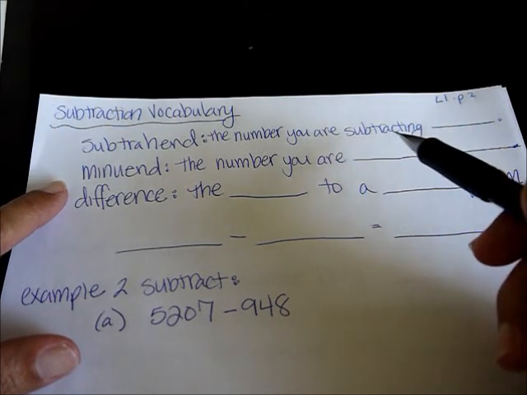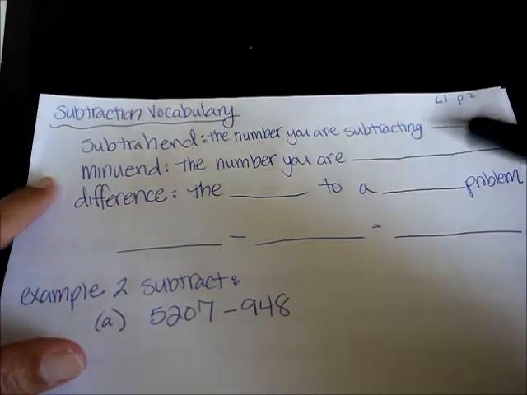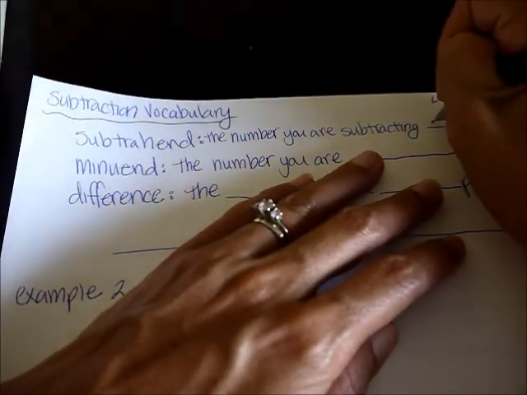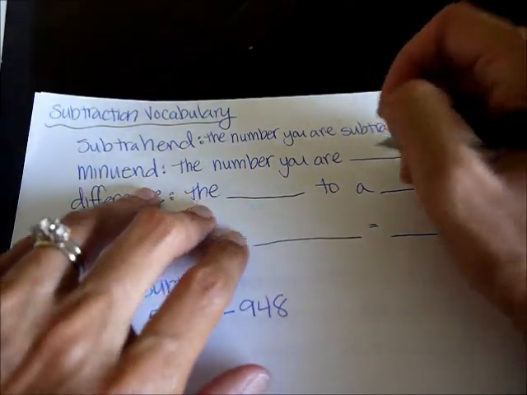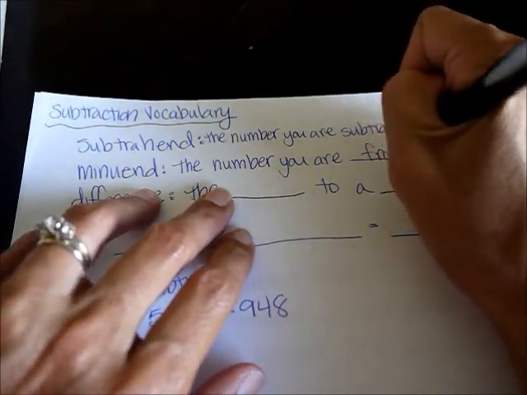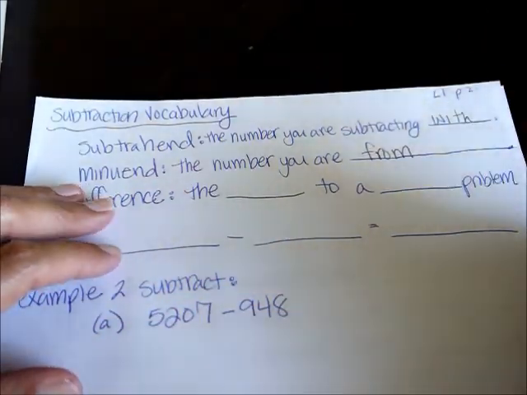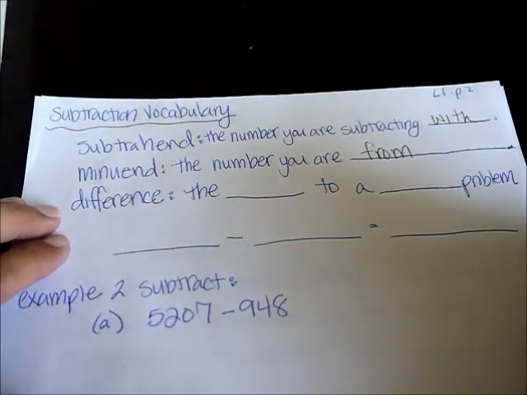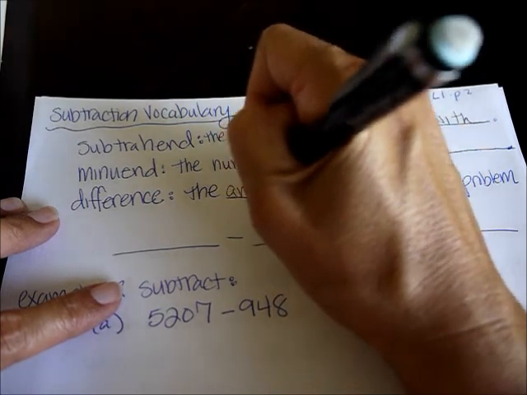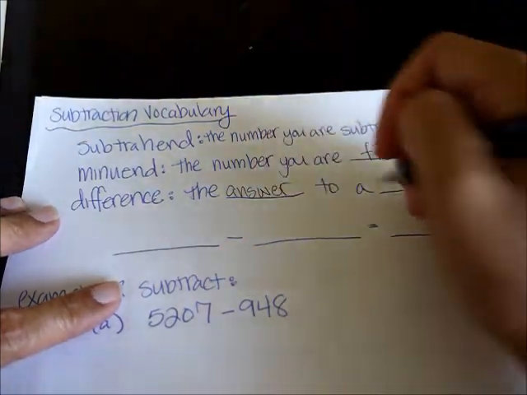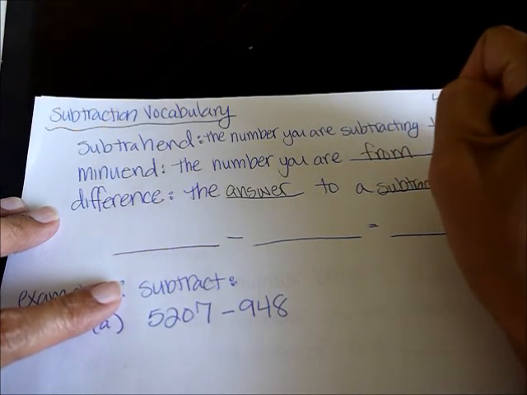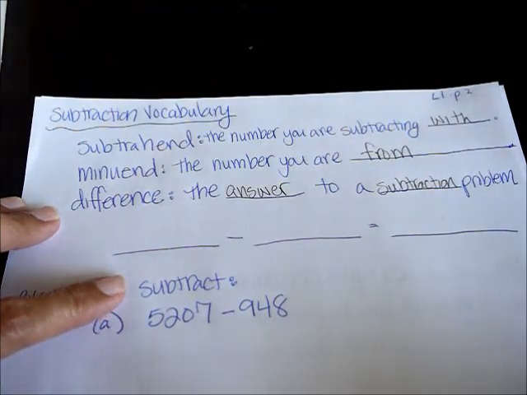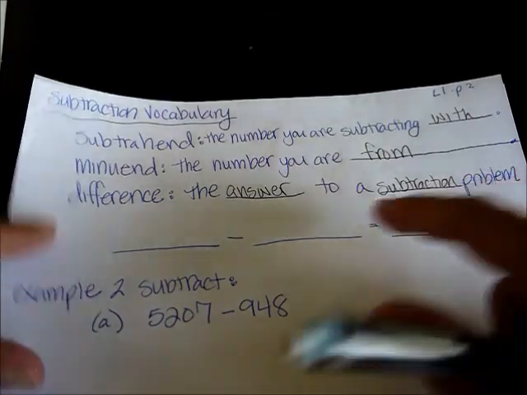So we are subtracting with the subtrahend, and we are subtracting from, and I'll put this down here so it makes more sense, the minuend. The difference is the answer. That's the easiest part. The answer to a, I'm just going to write, subtraction. Hopefully you can fit that in.